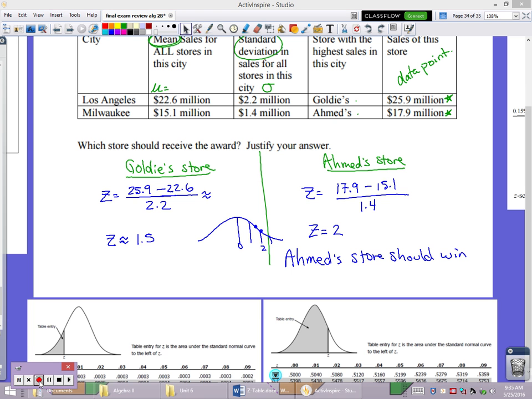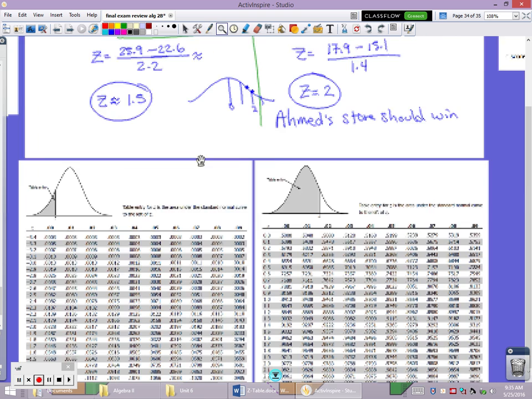Okay. All right, now we can look at the table so we can talk about this better. So here we have a z-score of 2, and here we have a z-score of 1.5. Once we have that z-score, we can go and look at our table.